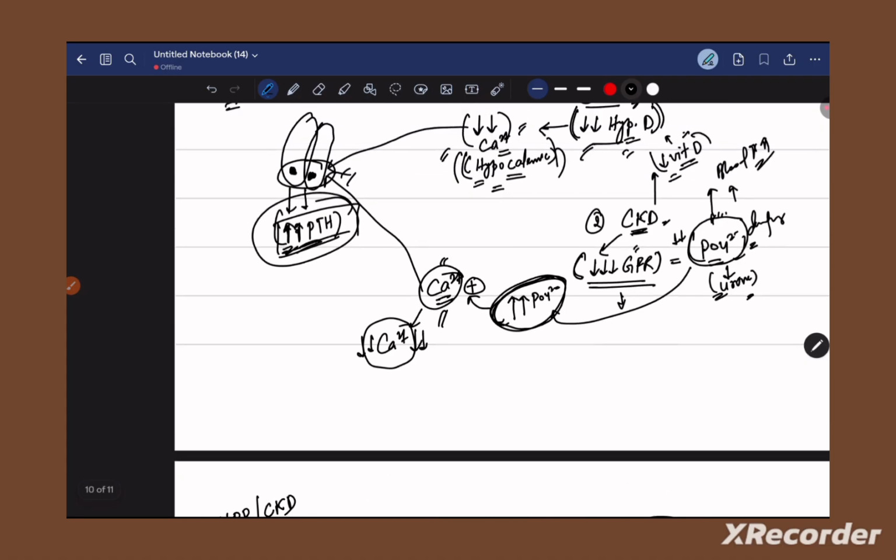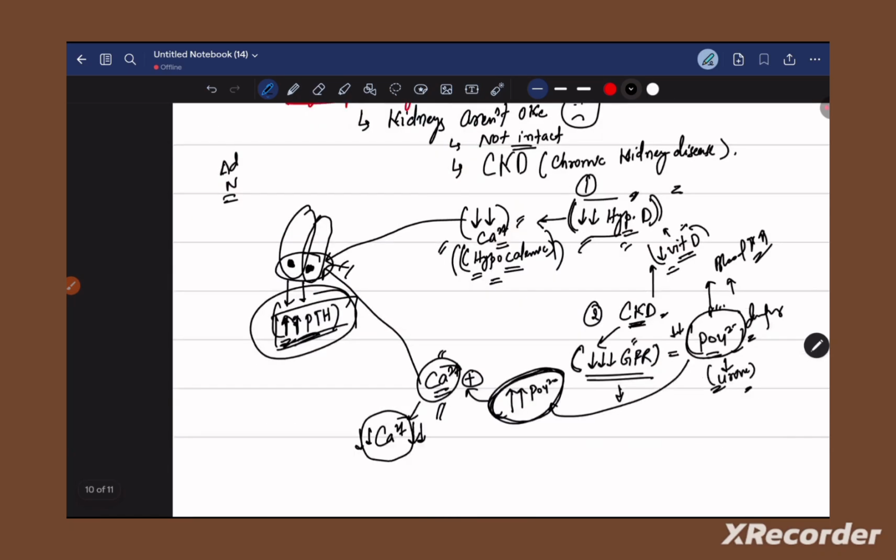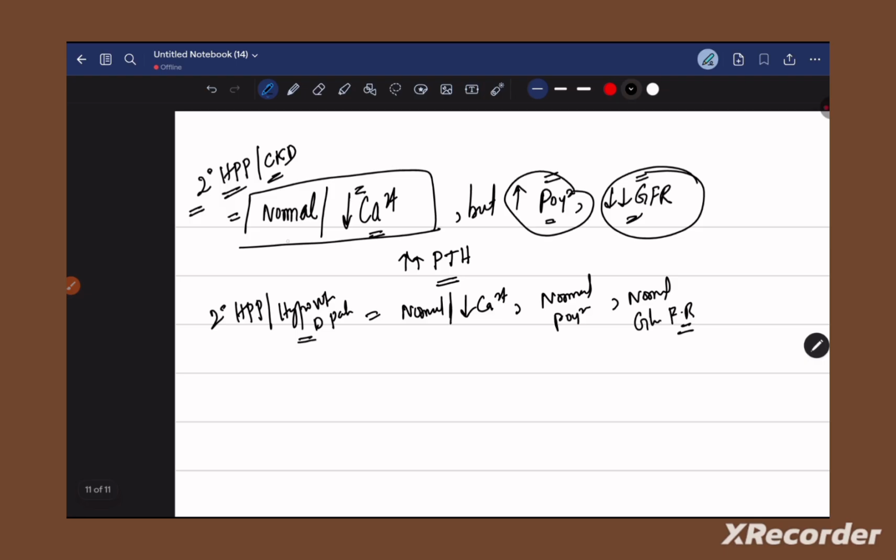In primary hyperparathyroidism, what we saw was hypercalcemia, hyperphosphatemia, increased PTH, and normal renal function tests. But here there could be normal or decreased calcium, but increased phosphates and decreased GFR.